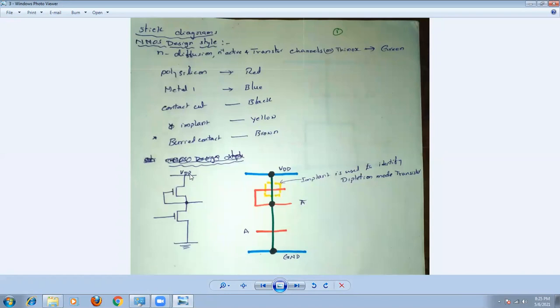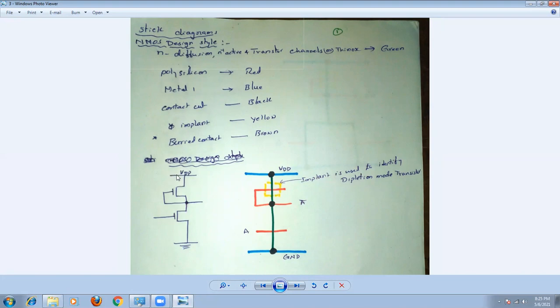Then see, this is the schematic of an NMOS inverter. We are having input A, output here A bar. This is the one transistor, enhancement mode transistor. This is the depletion mode transistor.